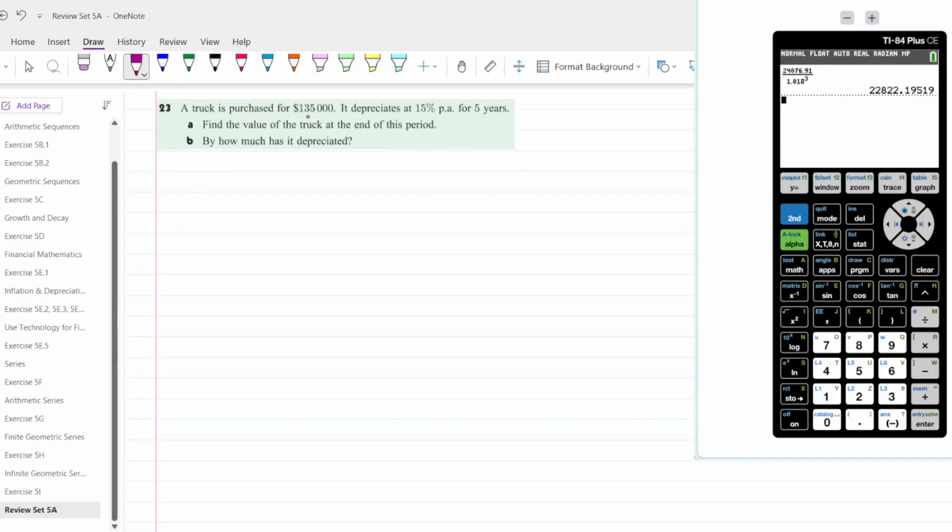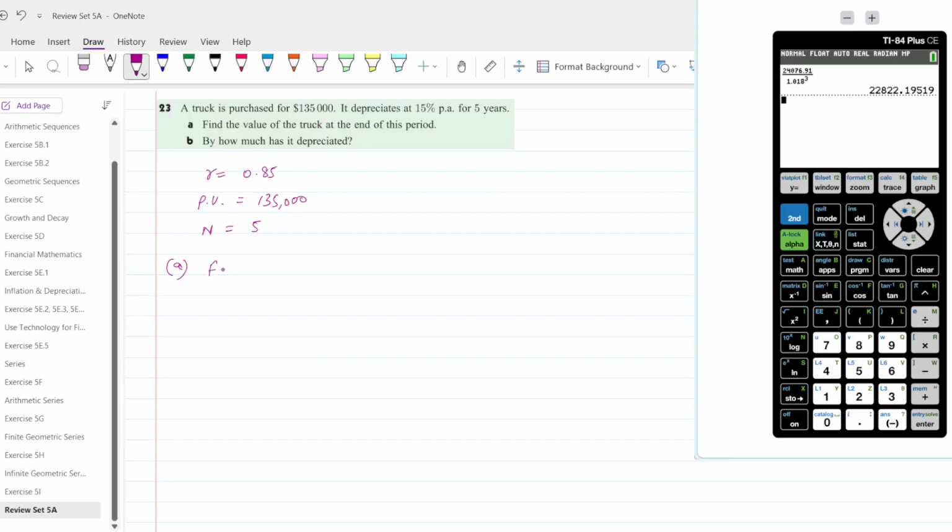A truck is purchased for $135,000. It depreciates at 15% per annum for 5 years. So R is going to be 0.85. Present value is 135,000. N is 5. Find the value of the truck at the end of this period.